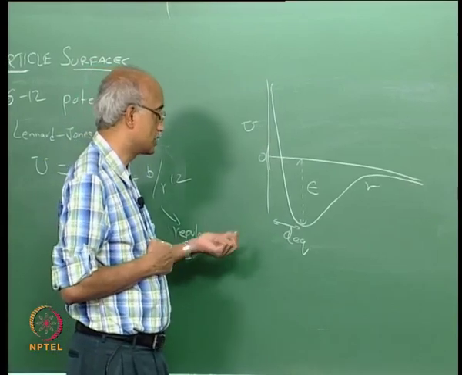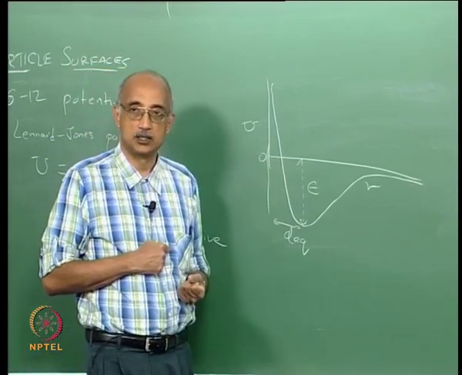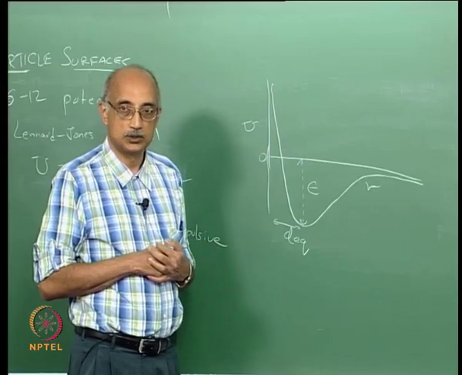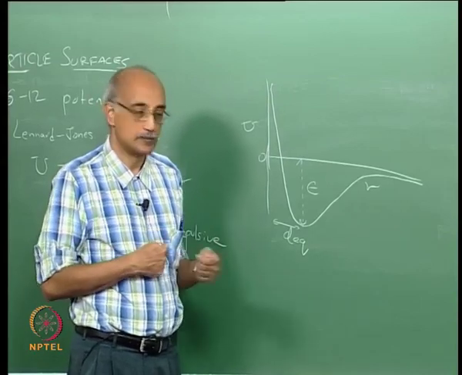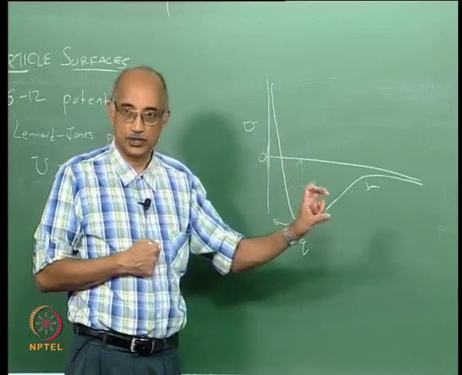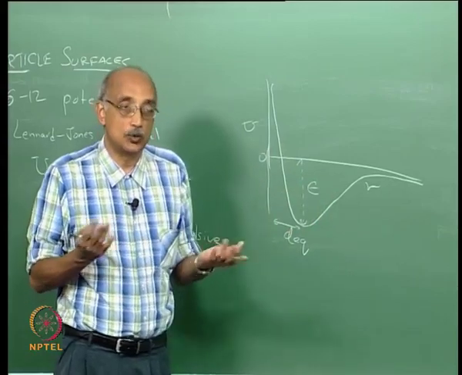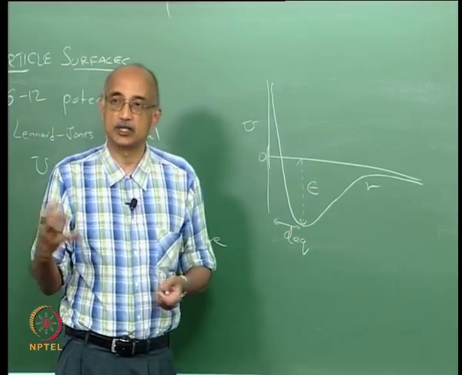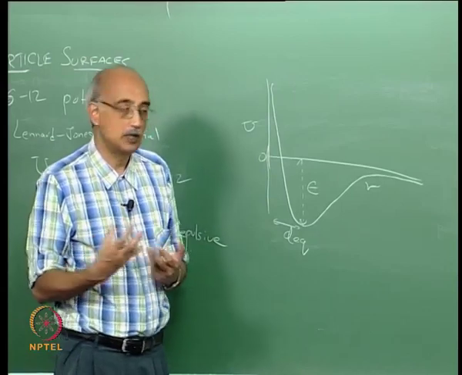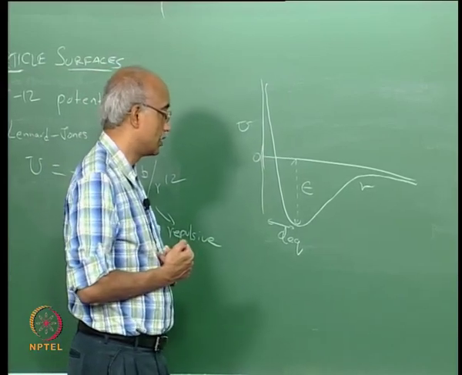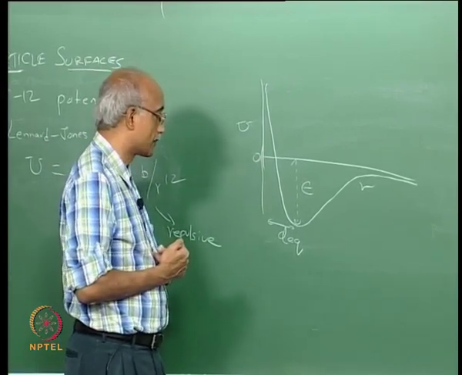And so this potential is what determines how much work you have to do to pull them apart or push them together. So the greater the depth of the potential well, essentially the more work is involved in disturbing the particles from their equilibrium position of separation.